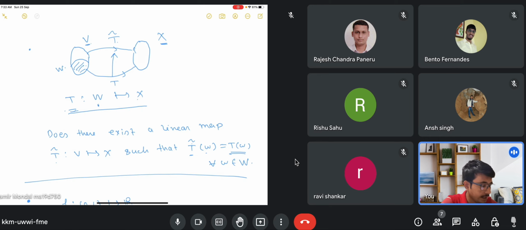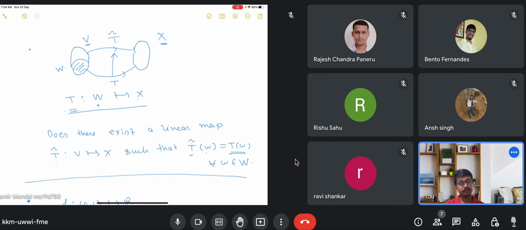So how can we extend? This is my question. Which property will we have to use here? In the start of my class, I already mentioned that if we know the image of a linear transformation on a basis, then we are done. And we already know that if we know the basis of a subspace, we can extend it to the whole space.